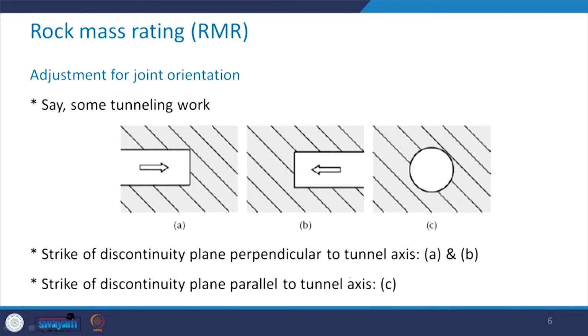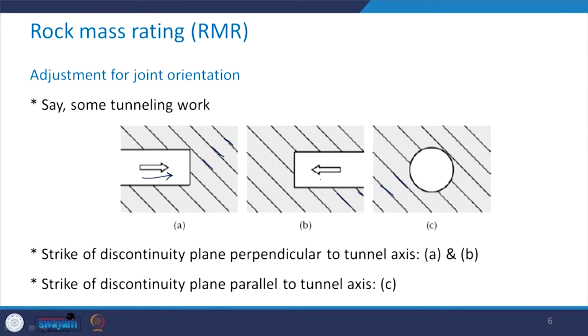For example, let us take an example of a tunnel. You can see that there are 3 pictures here. In all 3 cases, the joints are dipping in this direction. In the first case, this is the direction of the tunnel drive.